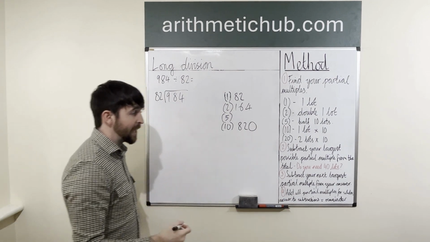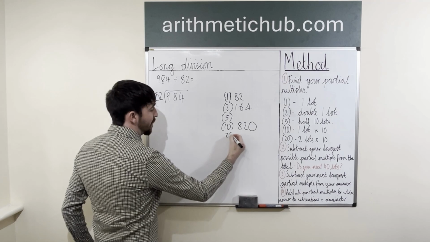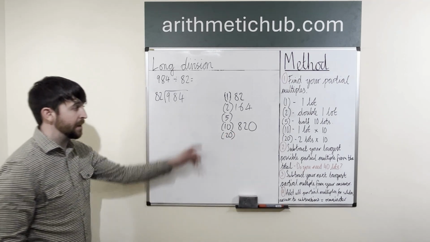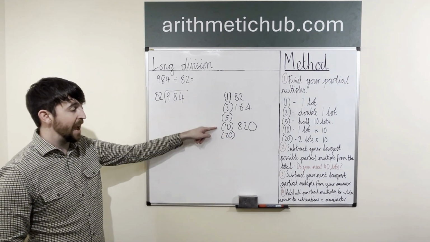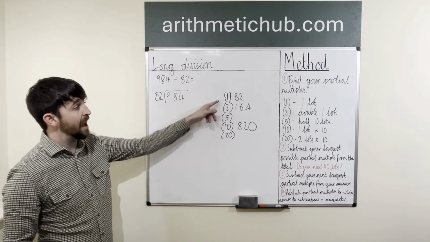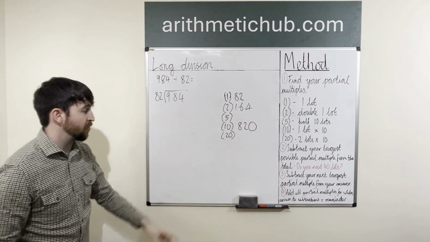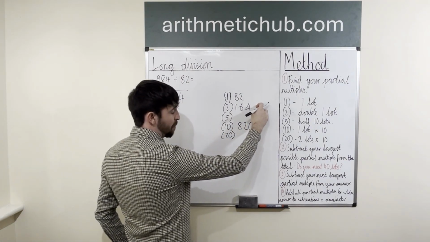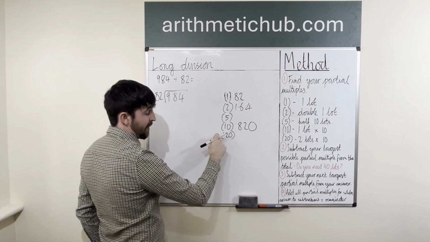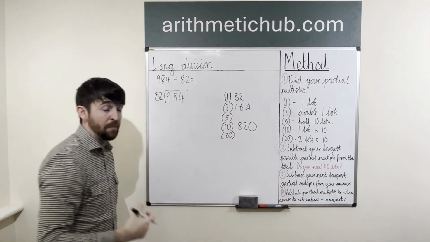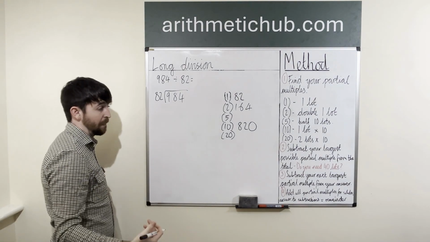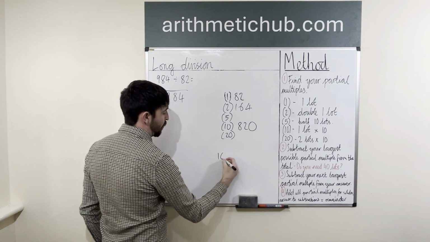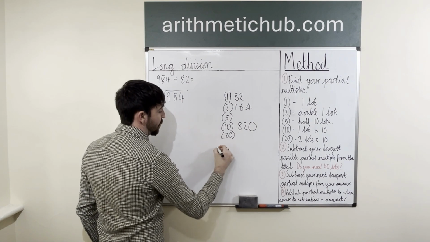To find 20 lots, all I would do is times 2 lots by 10. See how if I times 1 lot by 10, then 82 becomes 820. So now to find what 20 lots is, I'm going to multiply 2 lots by 10. 2 times 10 is 20. So 164, my ones, tens and hundreds.